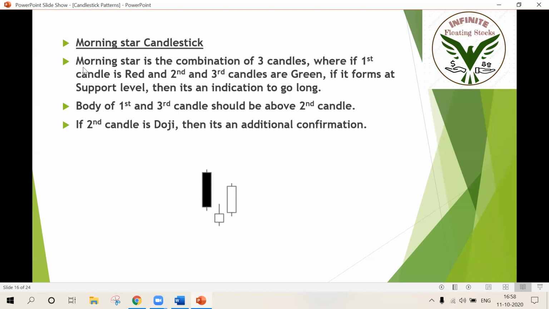Morning star is a combination of three candles, where the first candle is red. This dark candle is red, and the second and third candles are green. These white candles are green in our example. If it forms at support level, then it's an indication to go long.